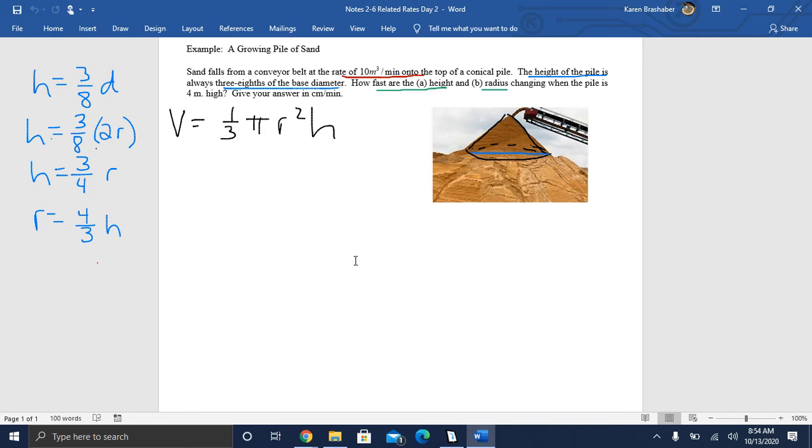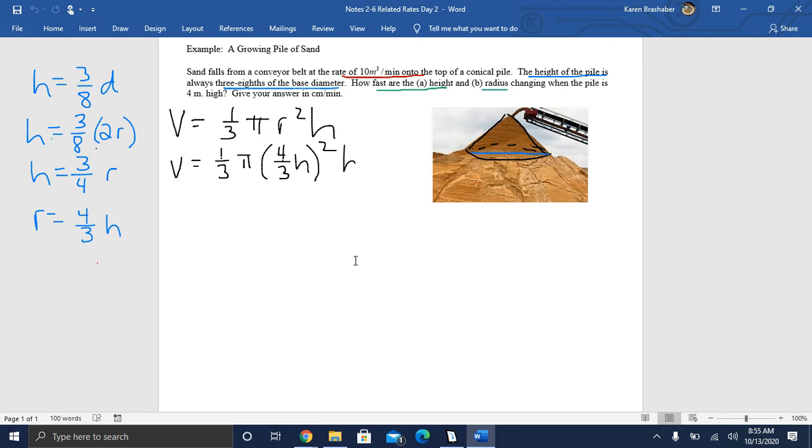We'll keep that off to the side as information that we might need. Since in part A we are asked to find the rate of change of the height, we need to keep h in the problem, which means I need to substitute in place of the r. So volume equals, and notice I'm doing this before I do the derivative, 1/3 pi, then I take r out and put 4/3 h in its place.